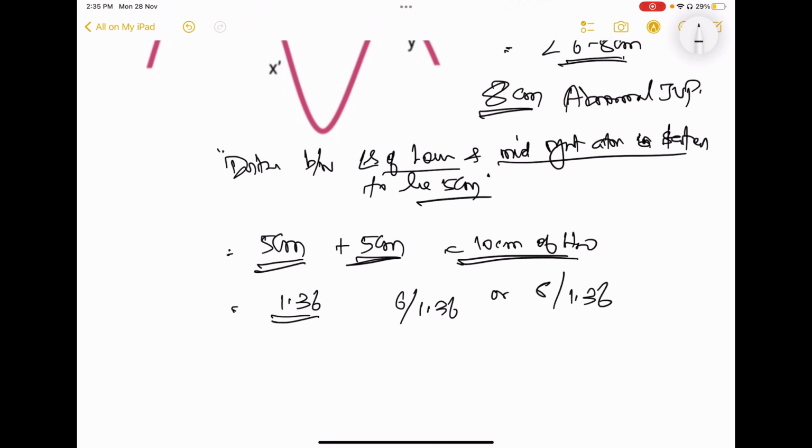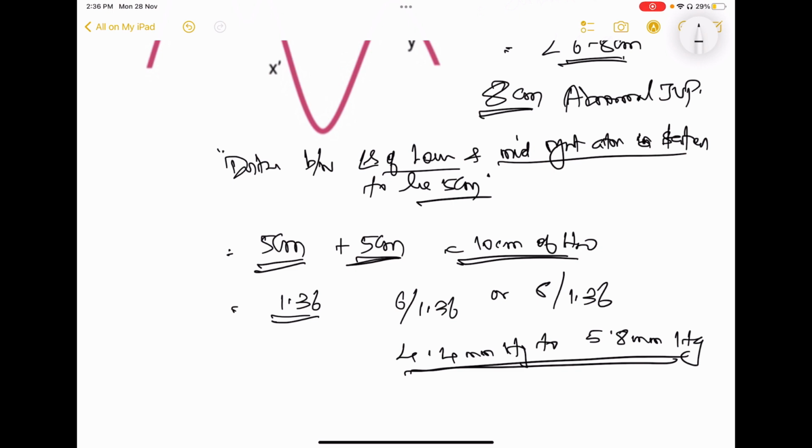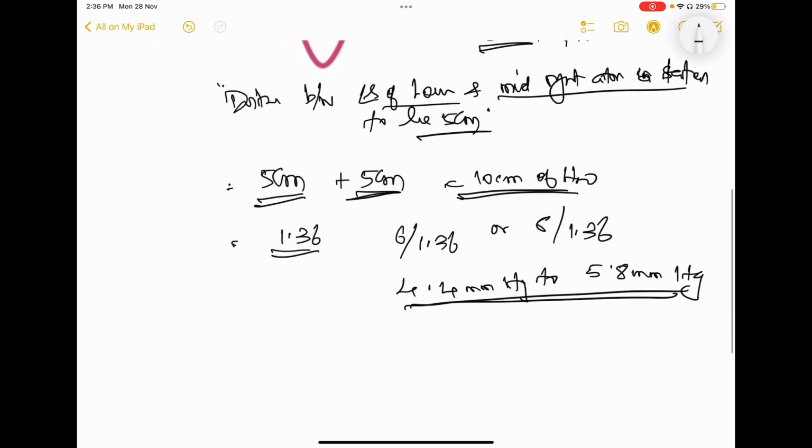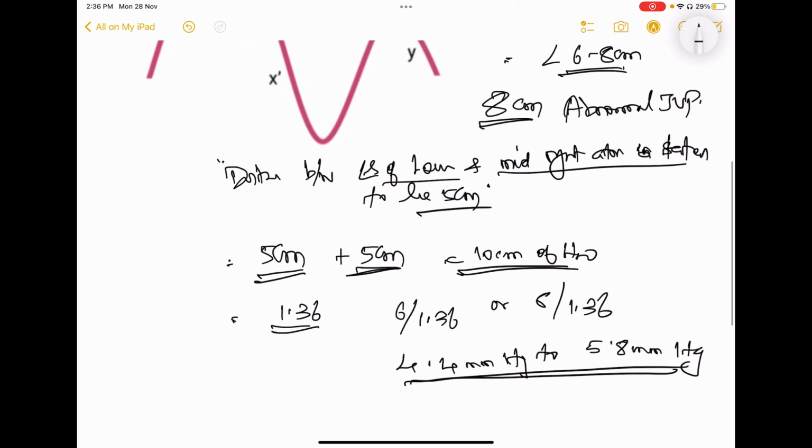Let's go ahead and divide. 6 divided by 1.36 will give us 4.4 millimeter of mercury, and 8 divided by 1.36 will give us 5.8 millimeters of mercury. So you can say in terms of millimeter of mercury that between 4.4 and 5.8 is considered as a normal JVP. Anything over this is considered abnormal.